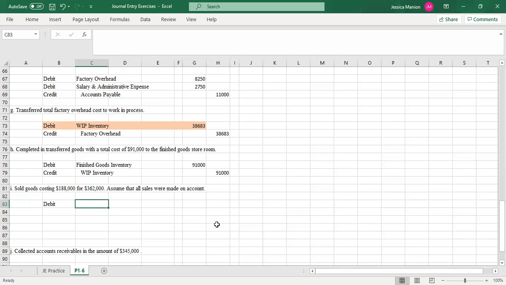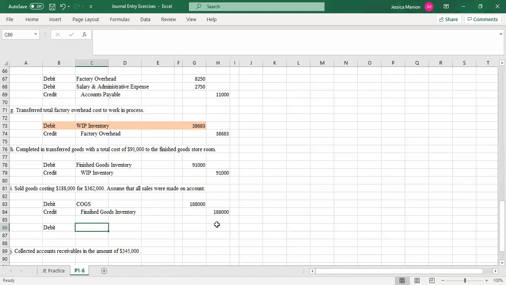So the first one, we debit cost of goods sold, 188,000. Credit finished goods inventory. I know I didn't spell it right, but you guys know what I'm saying. 188,000, right? So that's the journal entry to move the cost out of finished goods into cost of goods sold.